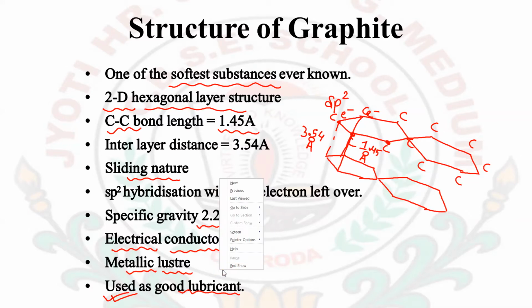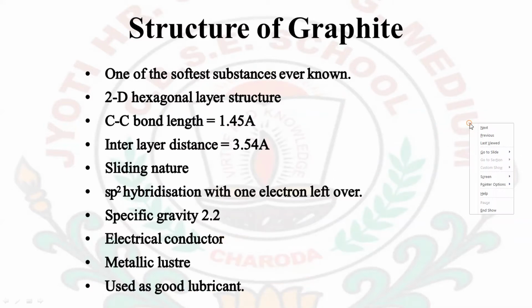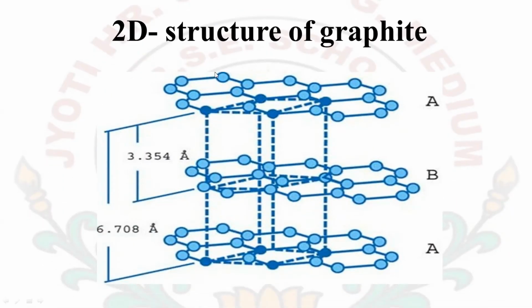Next, the 2D structure of graphite. Here you can see the 2D structure of graphite, where all the different values are given. A special thing I am going to tell you: if the uppermost layer is named the A layer, then the next layer will be named the B layer, and then again the A layer.